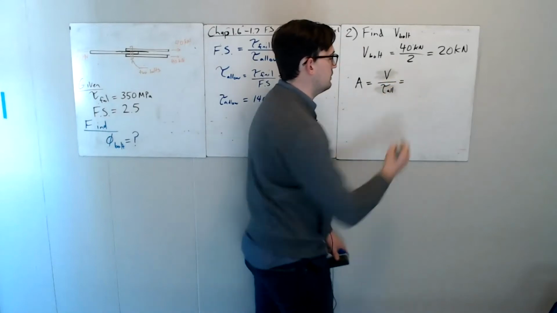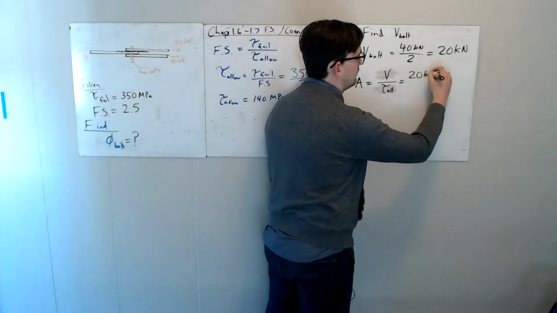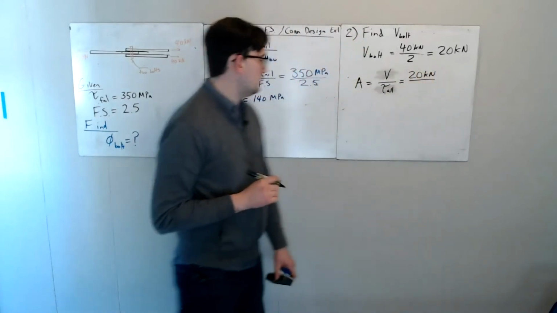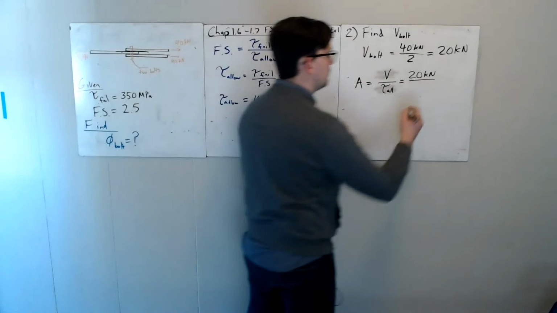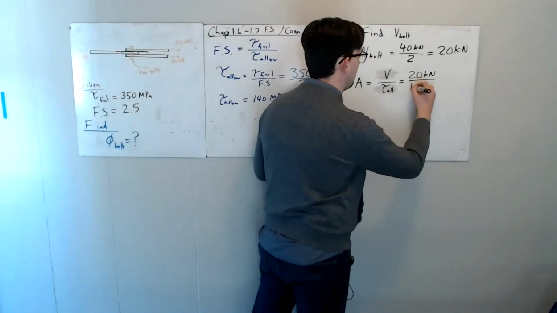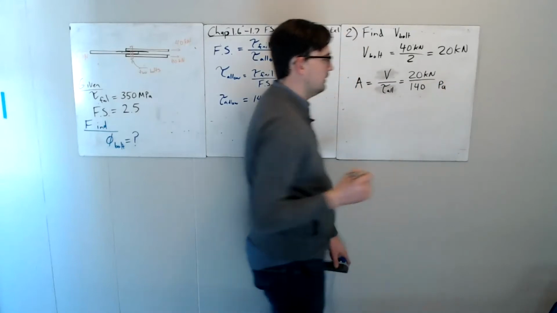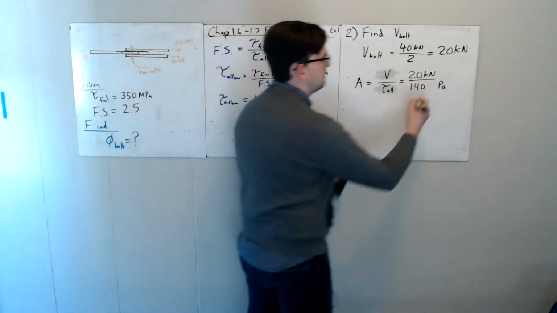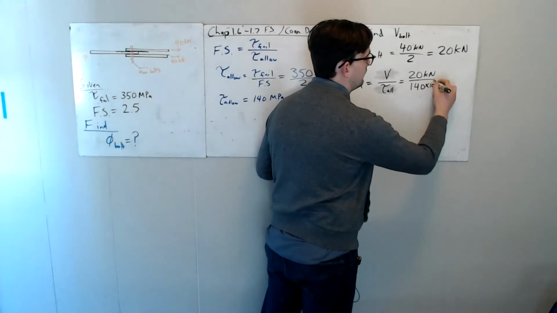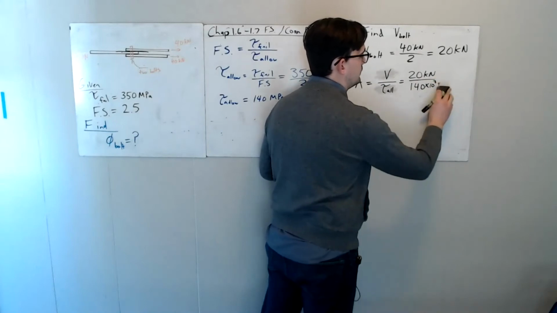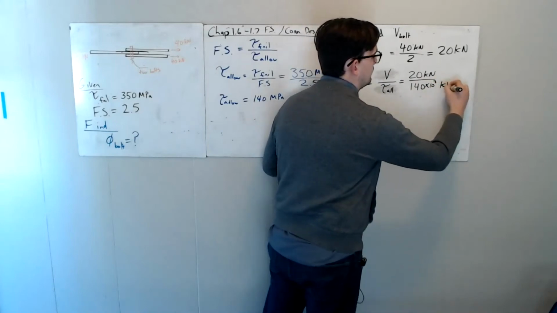Now our shear in this particular case was 20 kilonewtons. Our tau allowable is 140 megapascals. Now I want to rearrange this a little bit. I'm going to say times 10 to the third kilopascals.